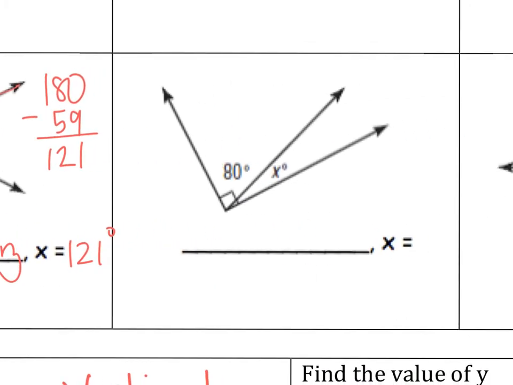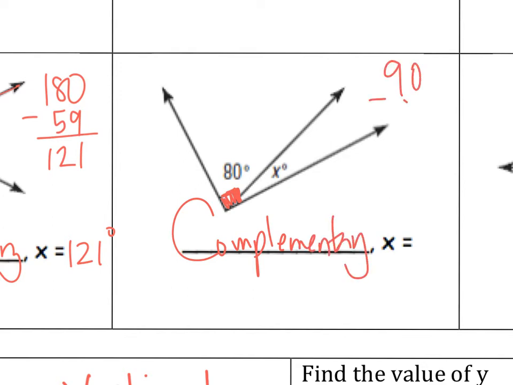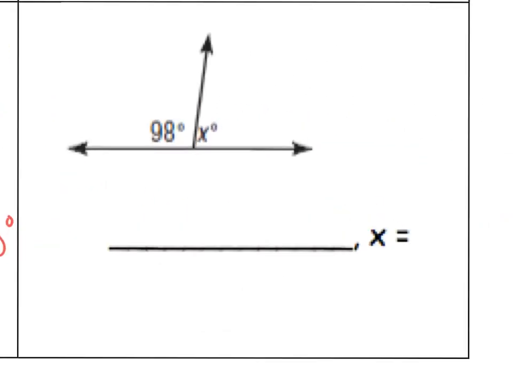Okay, this right angle gives it away. They're supposed to add to 90, so they're complementary. So 90, take away 80, leaves me with 10. So 10 degrees is what I'm missing. Okay, the last one for this.